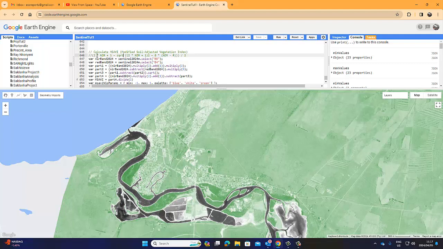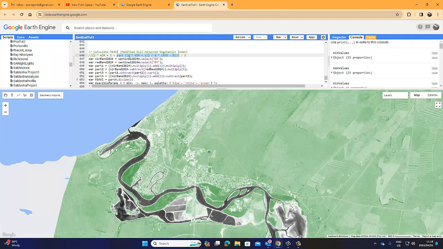Then I've got 2 times near infrared plus 1 minus then this whole value, which is this part here. Near infrared multiplied times 2, okay, plus 1, add the 1, and then I subtract part 3, which is the square root of this whole thing.